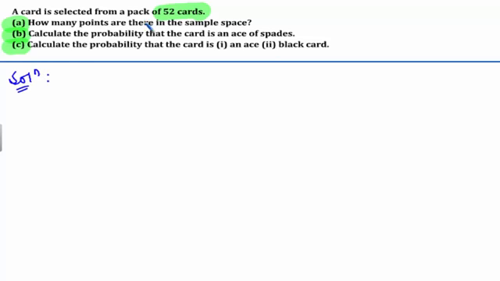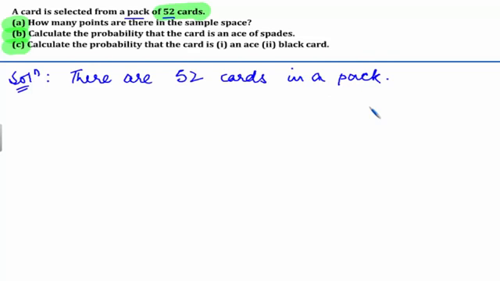And we know that in a pack of cards there are 52 cards. Therefore, the total number of possible outcomes are 52 when a card is drawn.